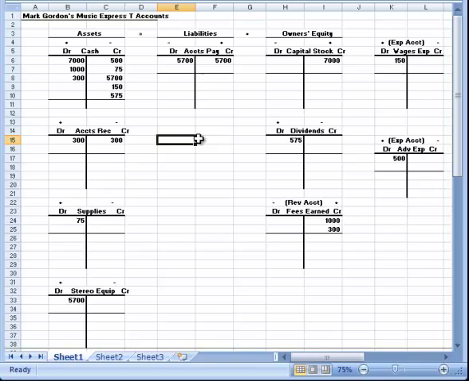To calculate the balance of an account, starting with cash, we're going to add up the total debits and add up the total credits and then net the two and then put the balance on the side that would be larger.